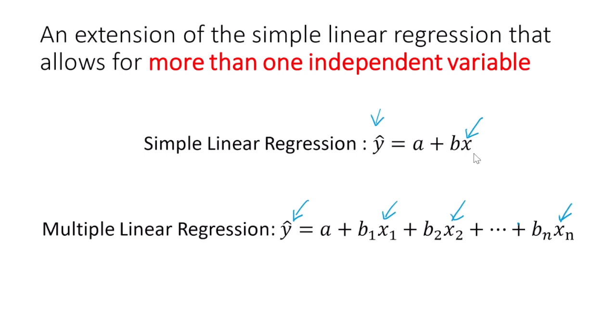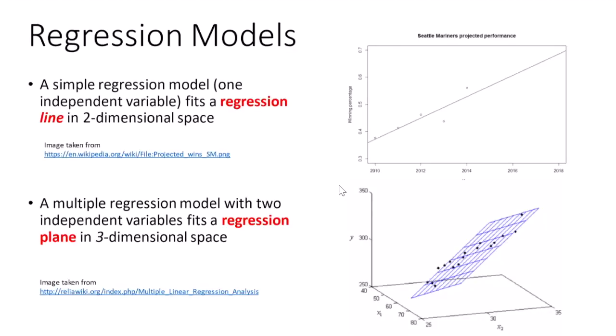The estimated multiple linear regression model is written as y hat equals a plus b1 x1 plus b2 x2, up to the number of your independent variables. A simple linear regression model with one independent variable fits a regression line such as this one over here in a two-dimensional space.